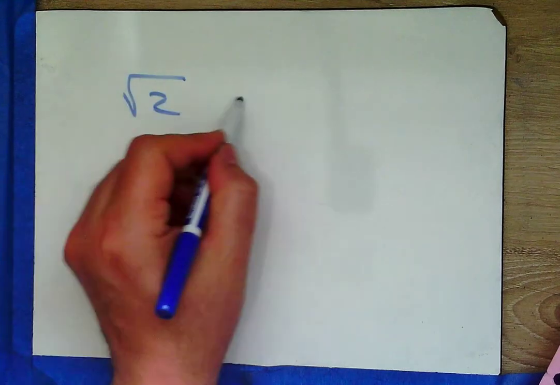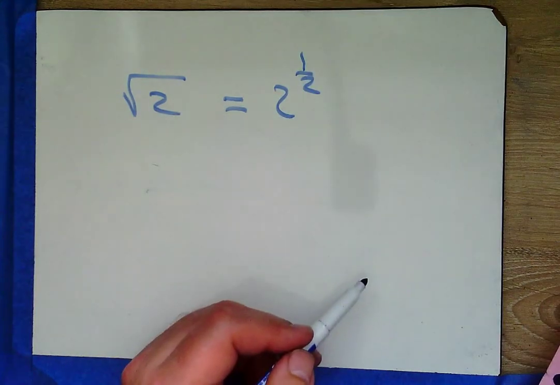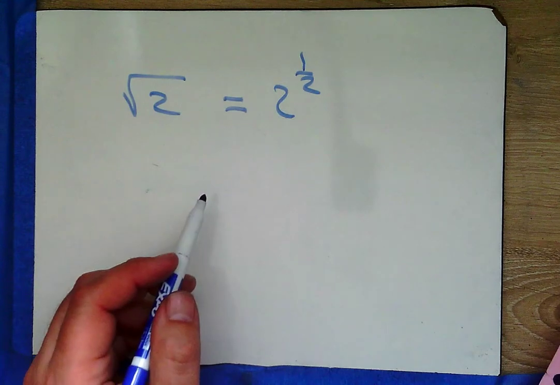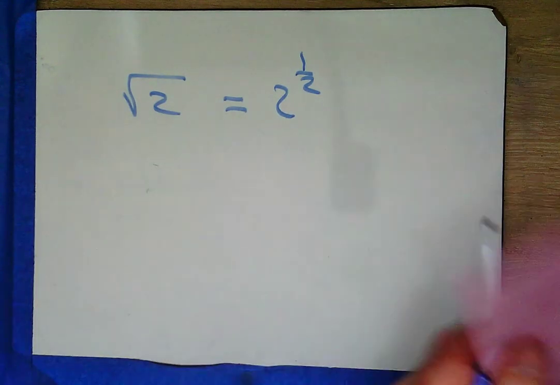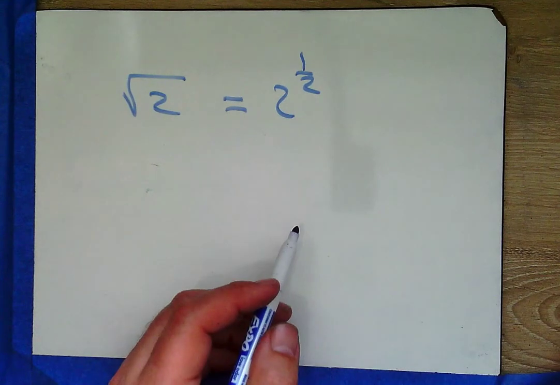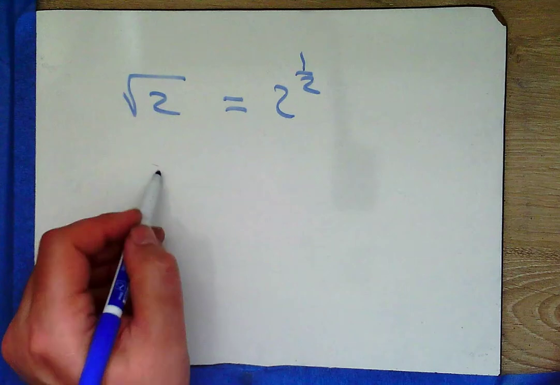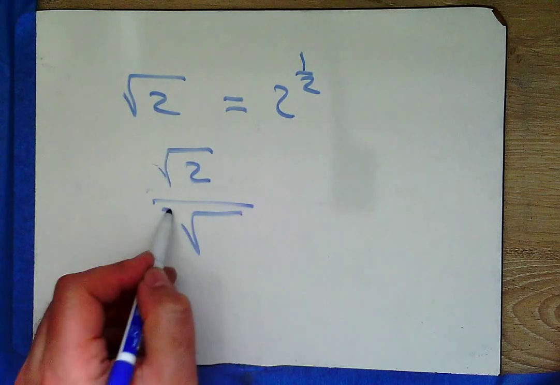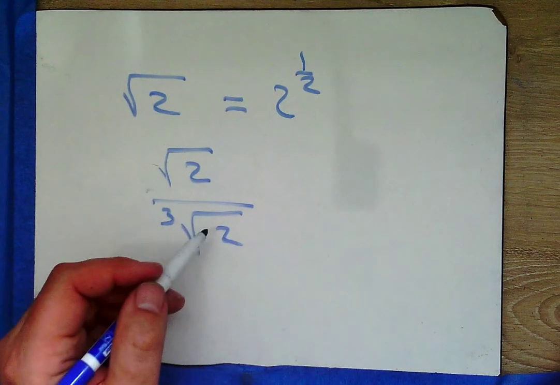You know, most of my time when I see something like radical 2, yeah, I like using that because when I see this, well, where is it? If I have, for example, this square root of 2 over cube root of 2. That's a real pain to work with.